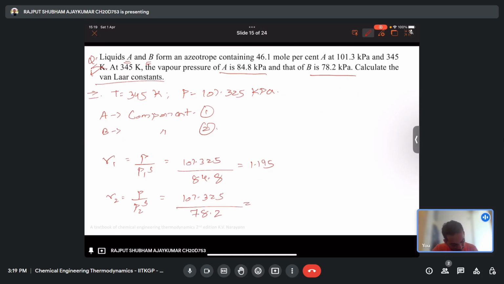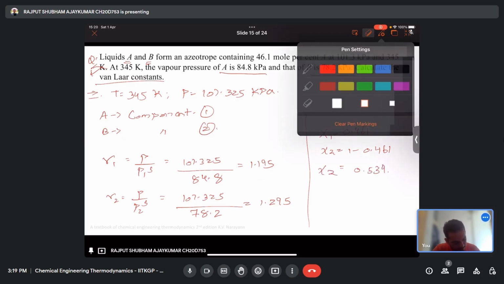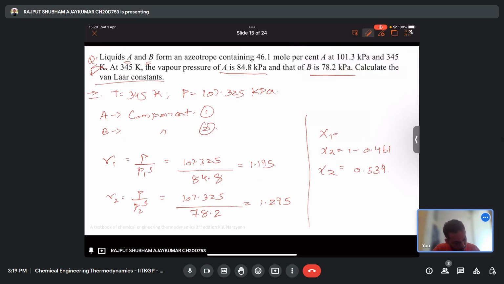This comes out to 1.295. Now we have been given x1 as 0.461, and x2 will be 1 minus 0.461, which comes out to 0.539.